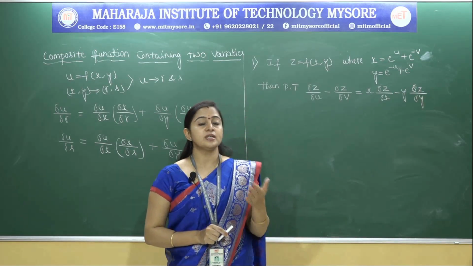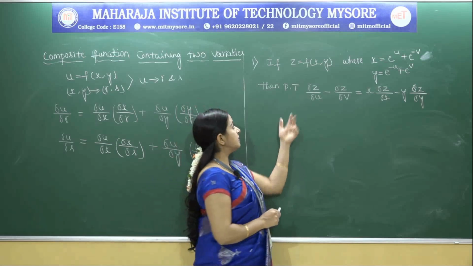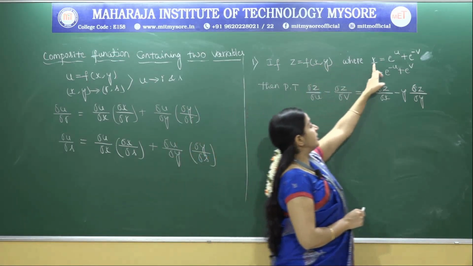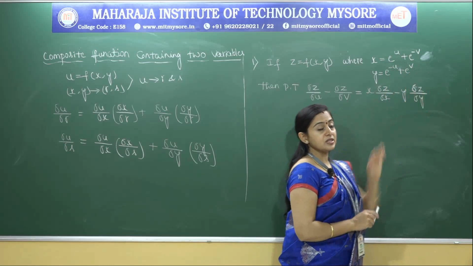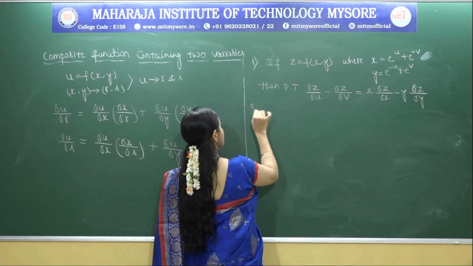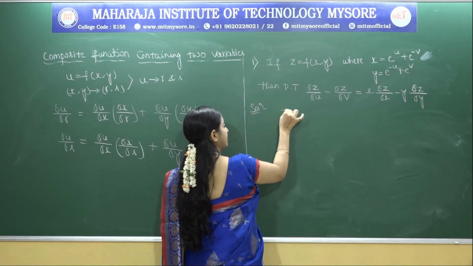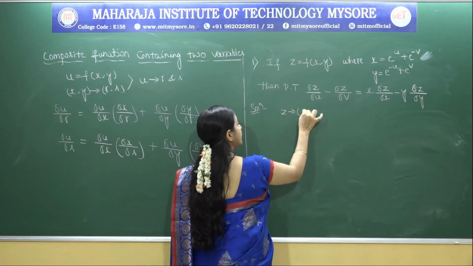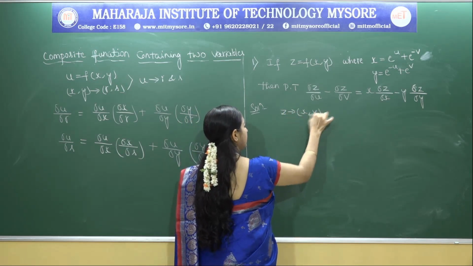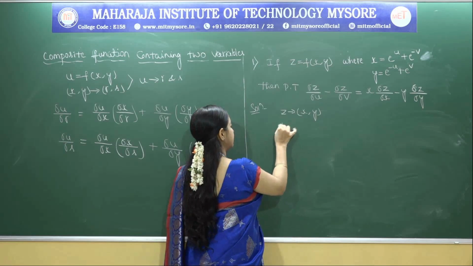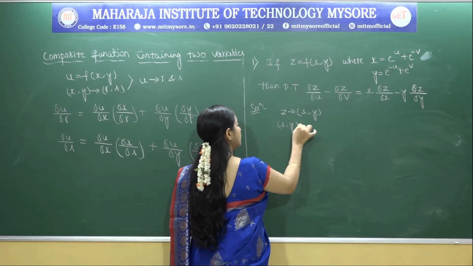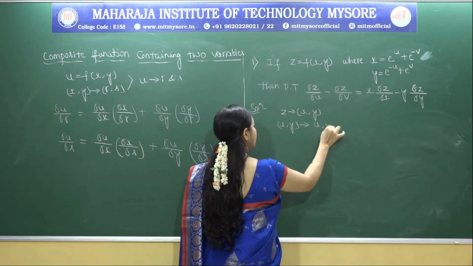Here you see that z depends on two variables x and y, which depend on another two variables. So the solution: z is a function of the two variables x and y. Next, x and y depend on another two variables u and v.